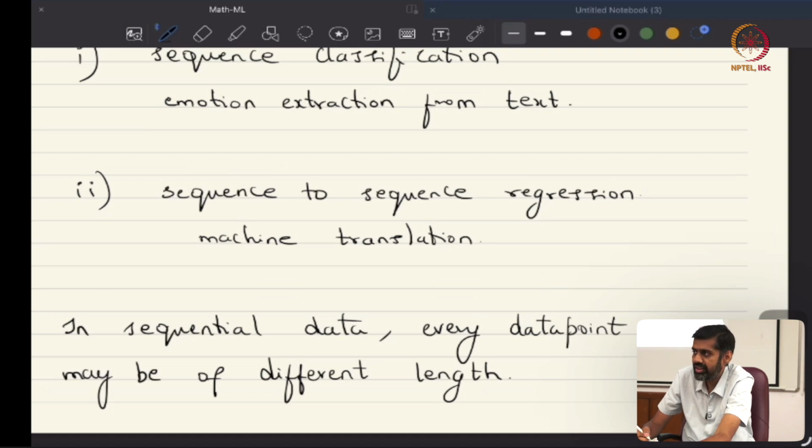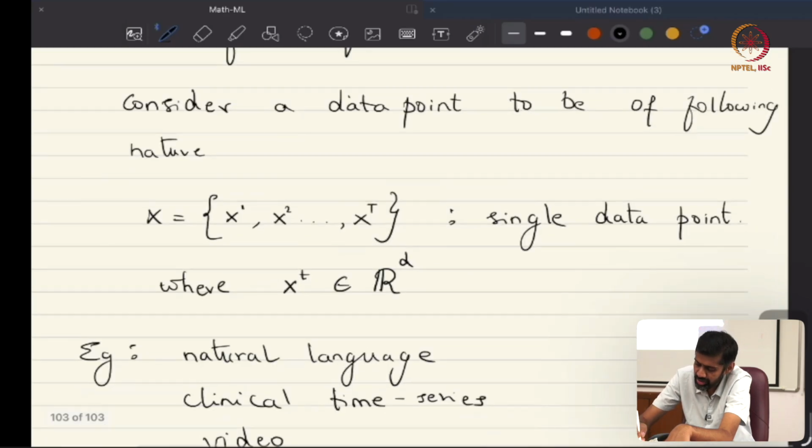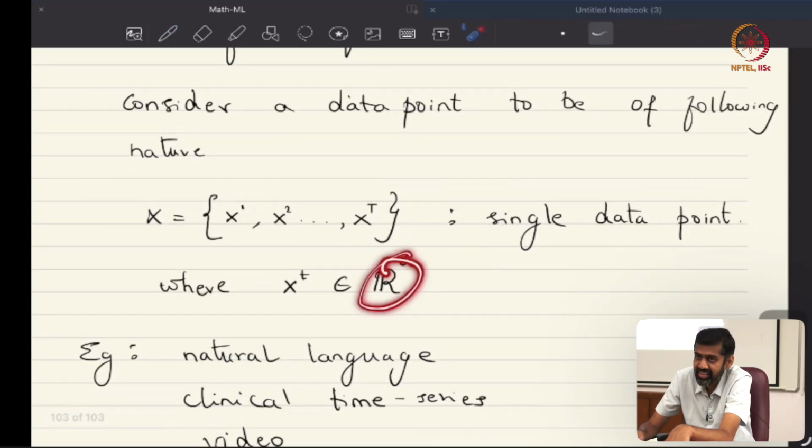So now one needs to handle that. MLP cannot handle this, isn't it? Because an MLP or a fully connected neural network assumes that every input data point has the same dimensionality. Please note that I am not talking about this R^d here, I am talking about this capital T. Capital T can be different for different input points, the length of the sequence can be different.